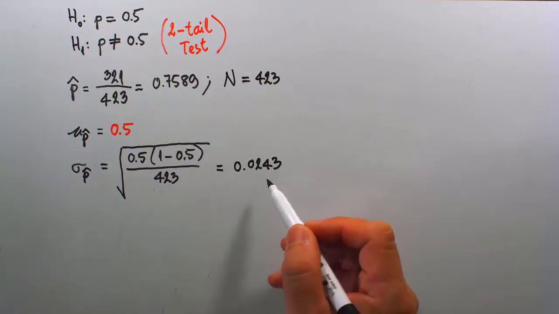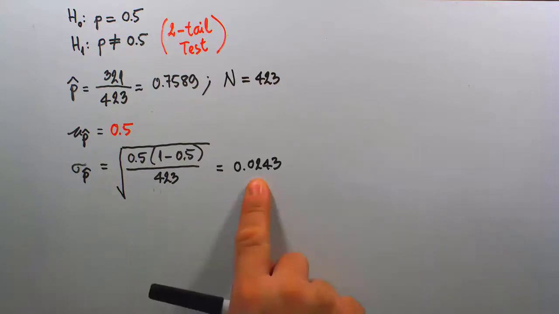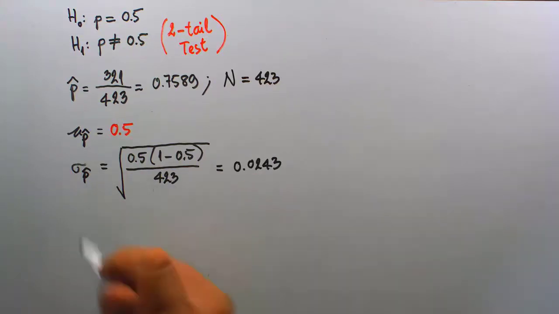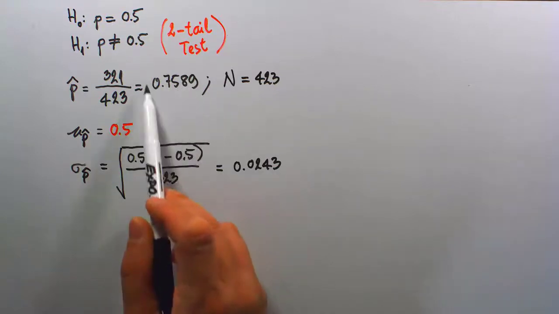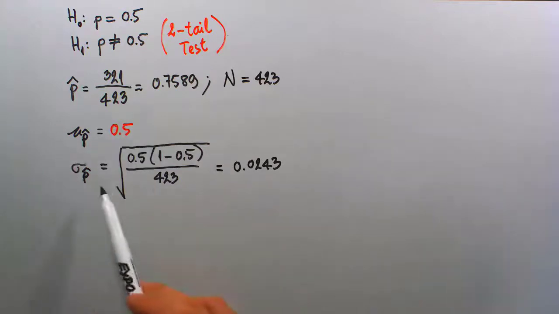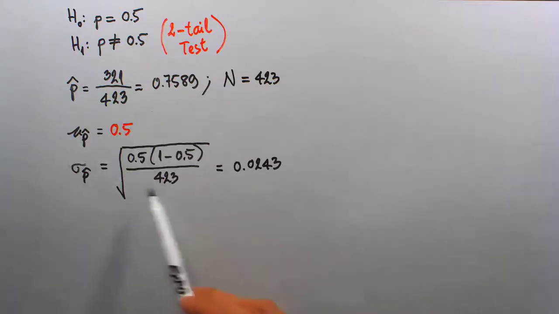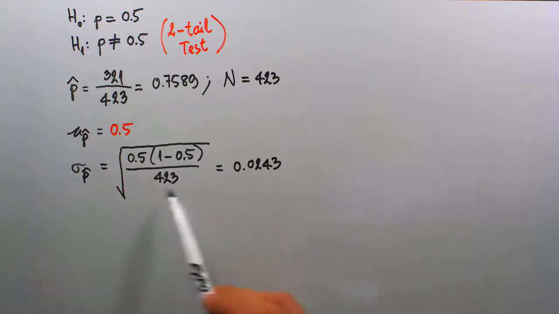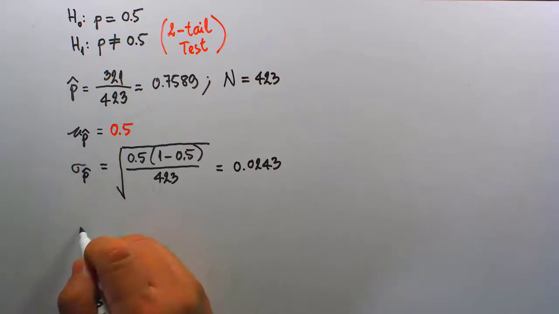Then once we had our sigma p hat value, the average spread of all sample proportion values, the next step now is again to calculate the z-score for our particular sample proportion value. So all these mu p hat and sigma p hat were to represent generally all sample proportions out there, but now particularly with our sample we already had, our sample is going to have a z-score.